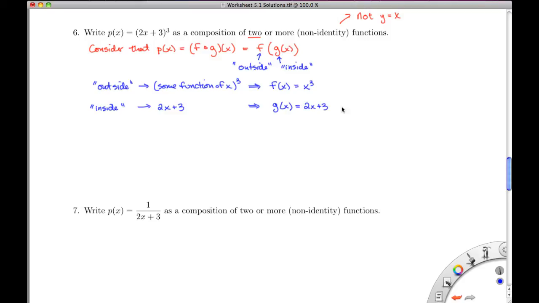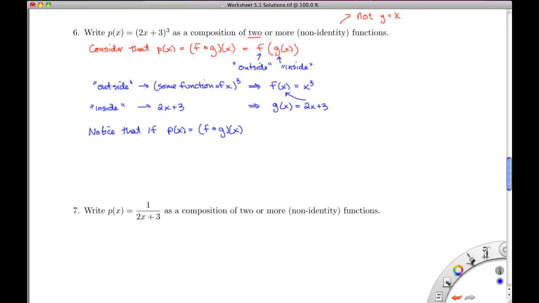Well, do we really buy this? There's a way to double check this, which is to actually find the composition of these two. So let's check. If, in fact, p of x is equal to f composed with g, we would take f and plug in g. Essentially we would take this 2x plus 3, plug it in for x, and then hopefully we would get back p.